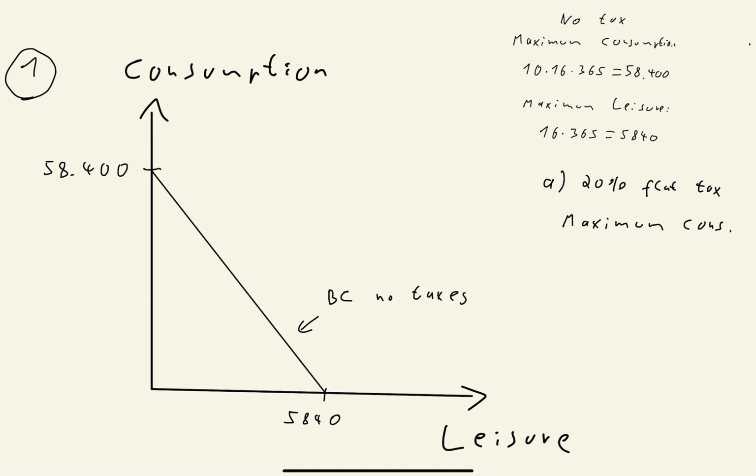That's the exact amount that we get for each hour that we work. So what we then have is $10 times 0.8, which is the net wage per hour, times the maximum amount of working time per day, times 365. And this gives us $46,720.